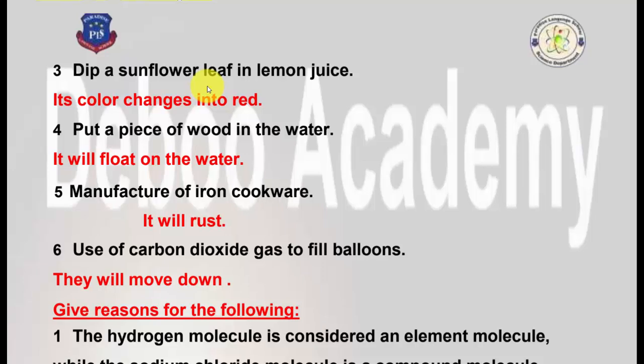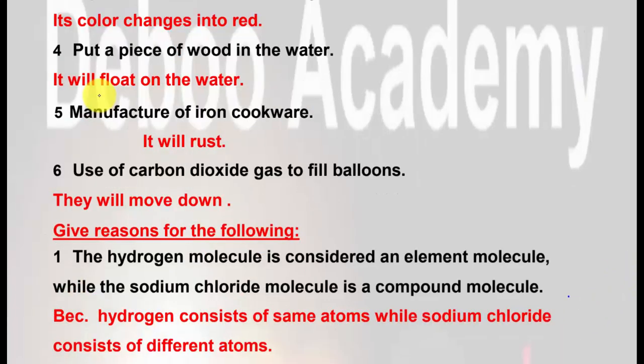Dip a sunflower leaf or litmus paper in lemon juice, it turns red because lemon juice is acid. Put a piece of wood in the water, it will float on the water because wood has low density. Manufacture of iron cookware, it will rust. Use carbon dioxide gas to fill balloons, they will move down because carbon dioxide has high density.